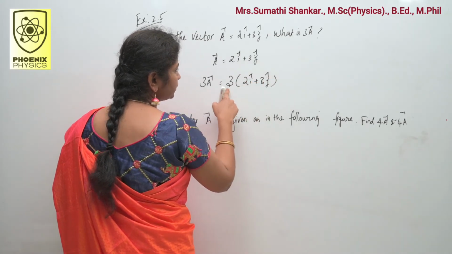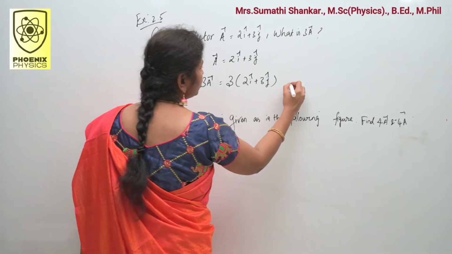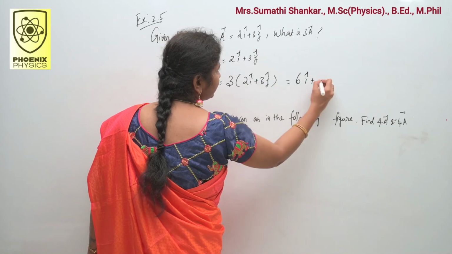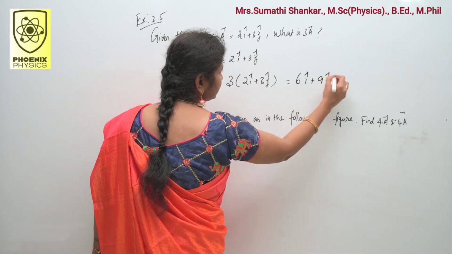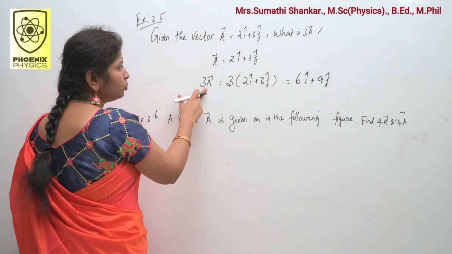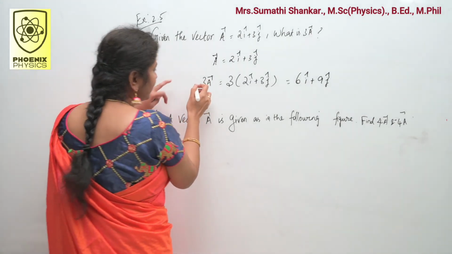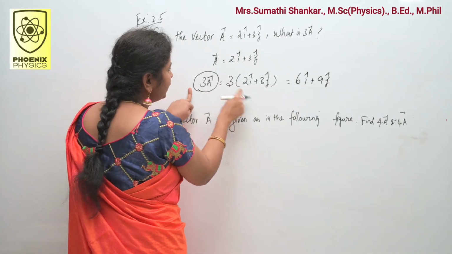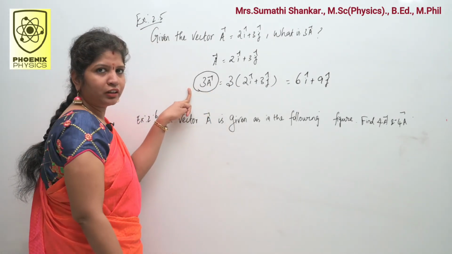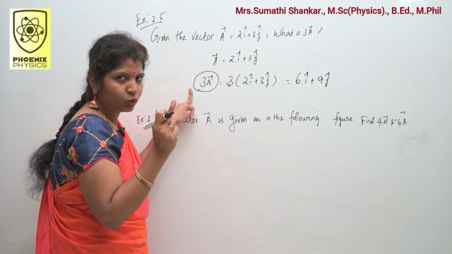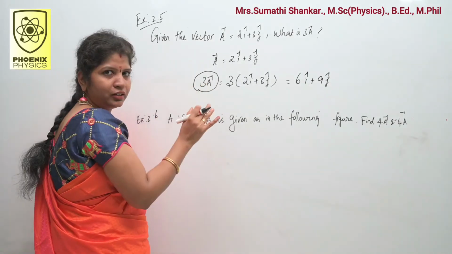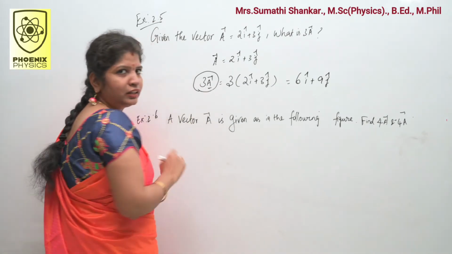Just multiply this 3 with 2 and 3. So 6i vector plus 9j vector. Here what about the direction? The direction of the resultant vector 3A is in the direction of A vector because we have only one vector quantity.